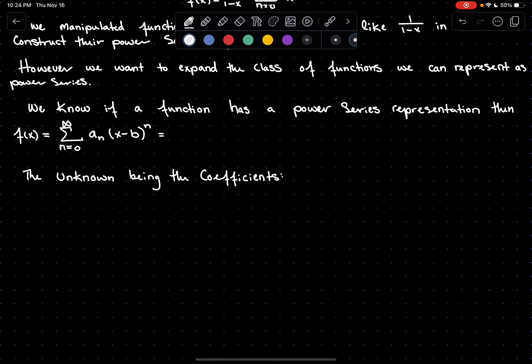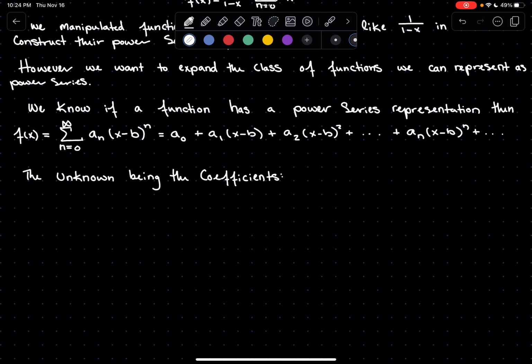And so this is equal, I'll just write out a couple terms: a sub 0 plus a sub 1 (x minus b) plus a sub 2 (x minus b) squared plus, up to a sub n (x minus b) to the n, plus, right?